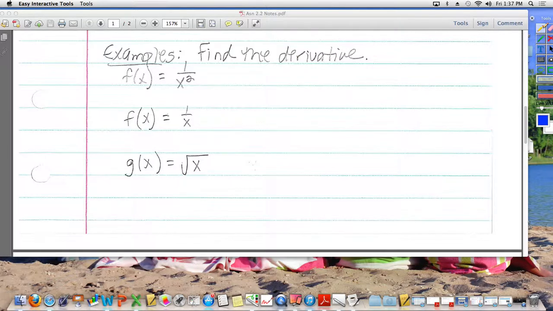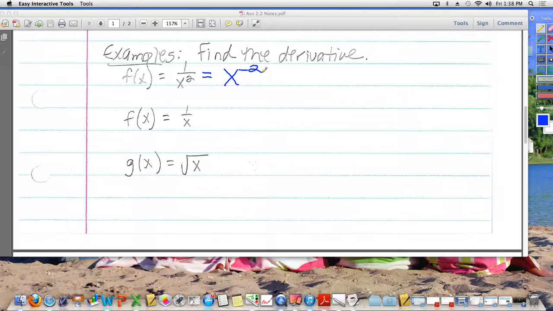The first thing that we need to do is make this look nicer. So we need to go back to, I don't know what grade, maybe Algebra 2, maybe even before. Maybe you have some recollection of it from last year. 1 over x to the second power is also known as x to the power of negative 2. Do you remember that?